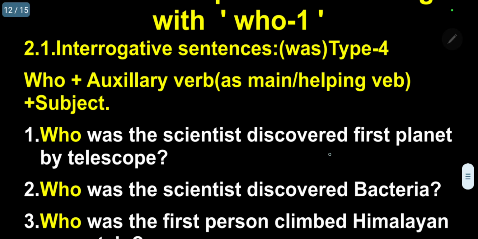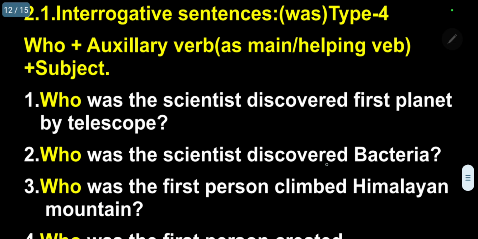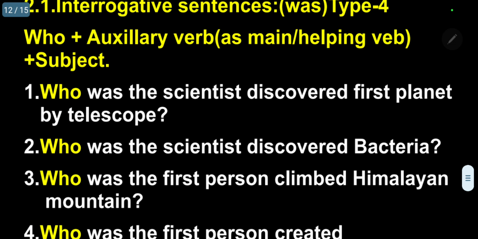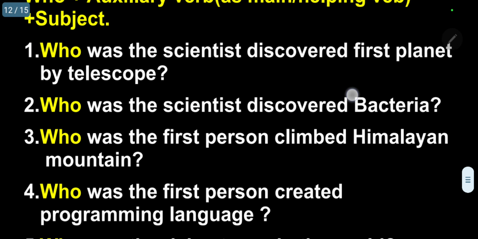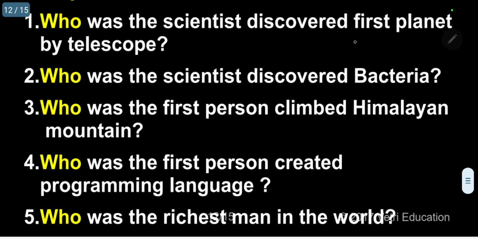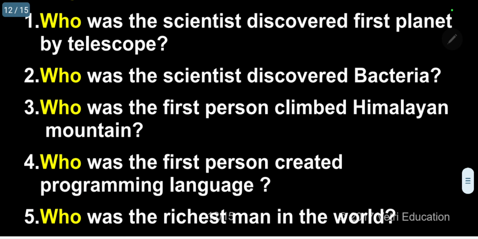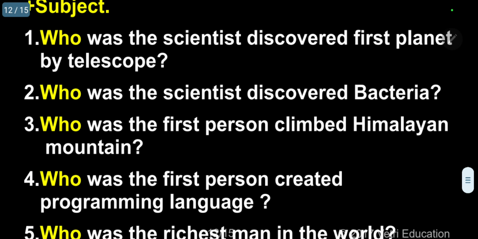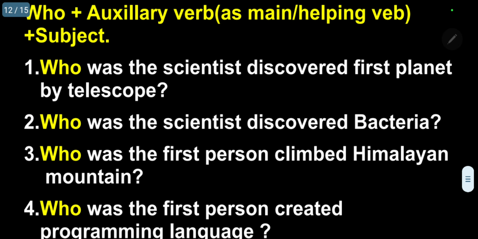Next, I'll go for the past tense. For singular past tense, was will be the past tense. Now, kindly follow. The idea here is: who was the scientist discovered first planet by telescope?